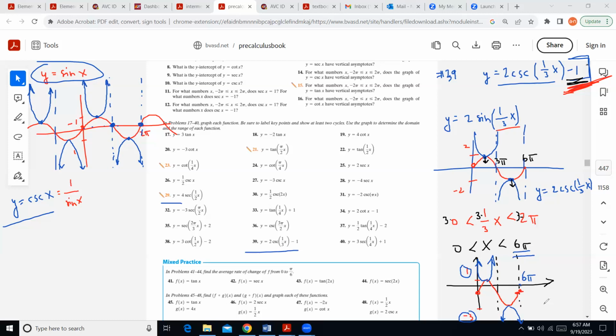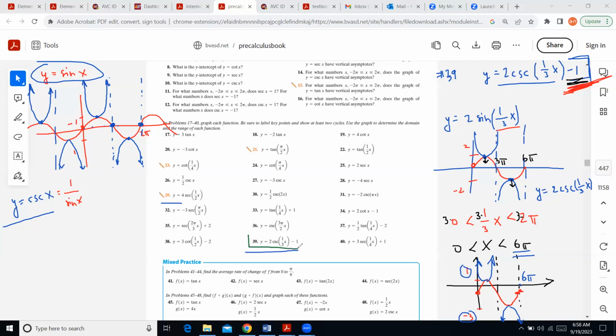And that's it. So when you graph the sine function, that's all we need, because after that you just change its period a little bit and maybe move it up or down.